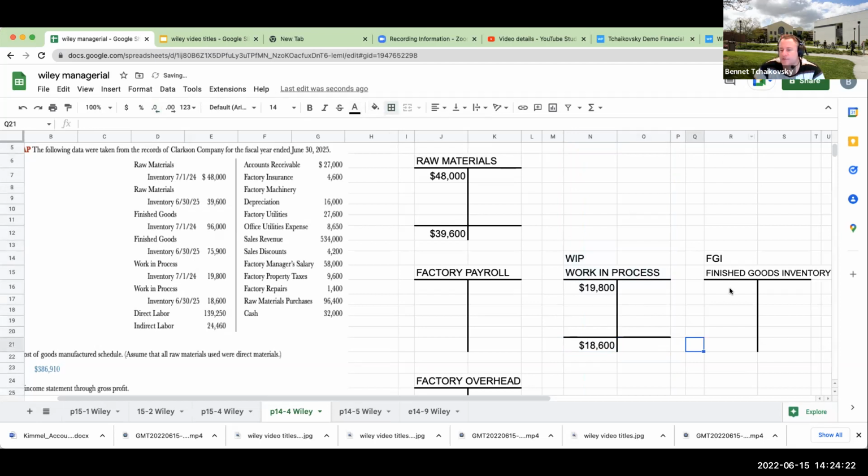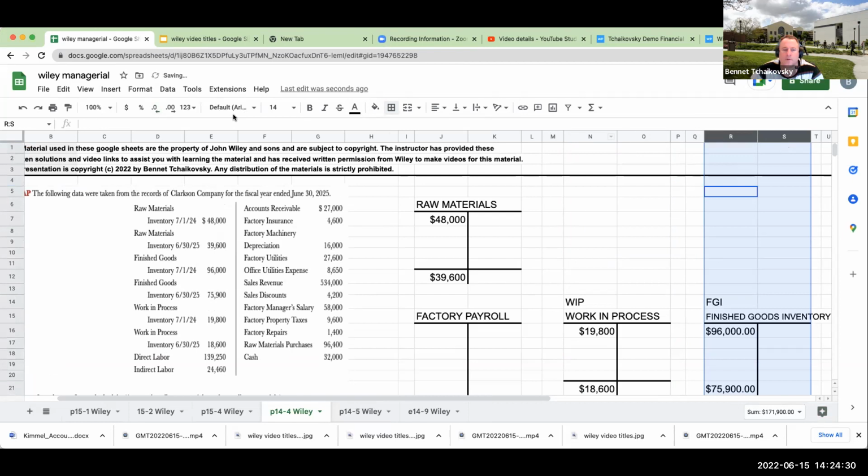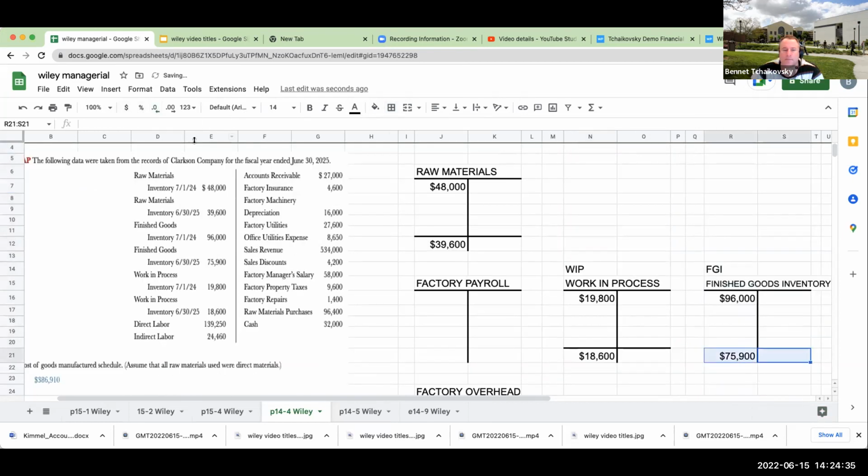For our finished goods inventory, we had an opening balance of 96,000 and then 75,900. So, beginning and ending balances again: 96,000, 75,900, 19,800, 18,600, 48,000, and then 39,600.